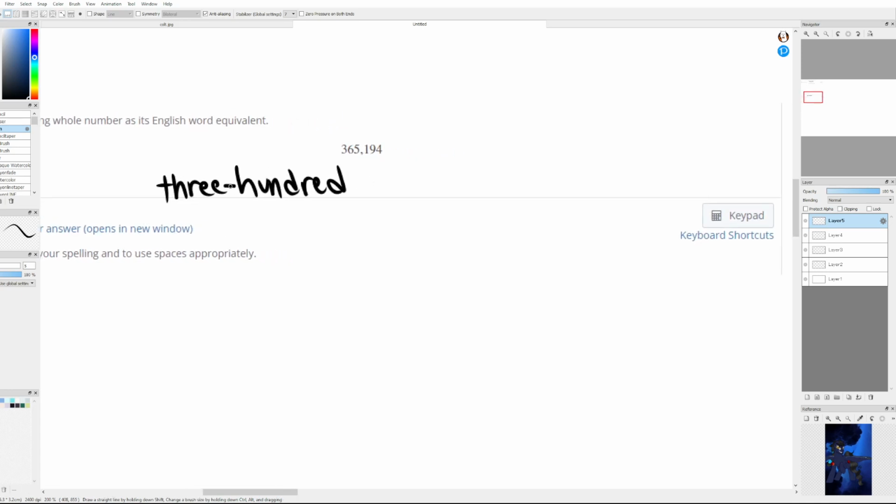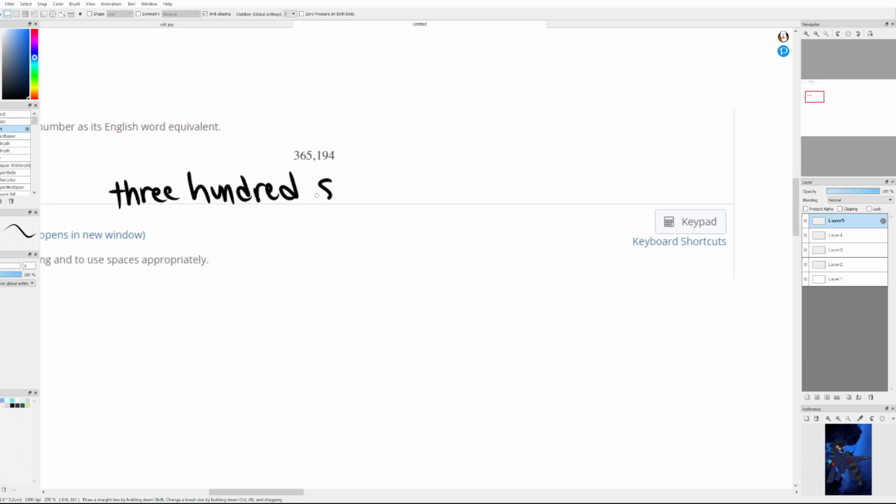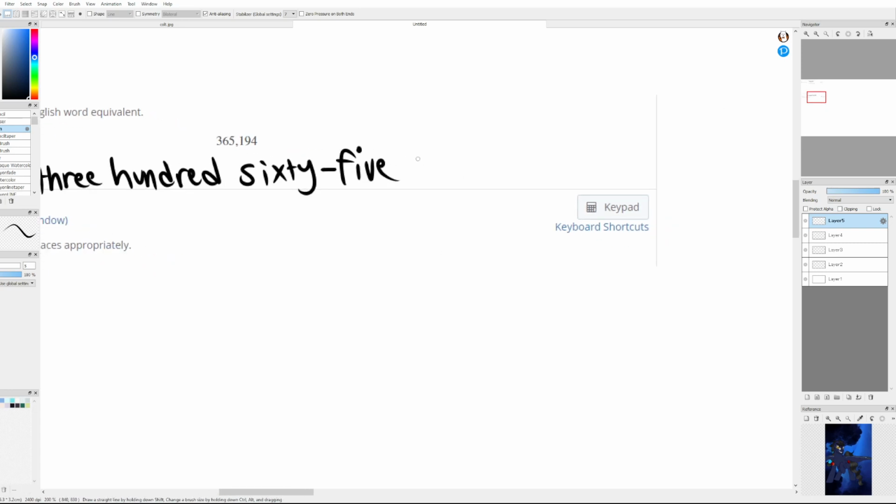There doesn't need to be a dash between the 3 or the 100. 60 dash 5, 60 dash 5,000.